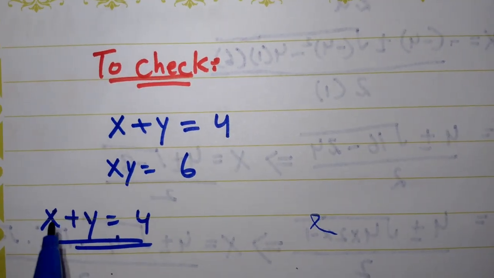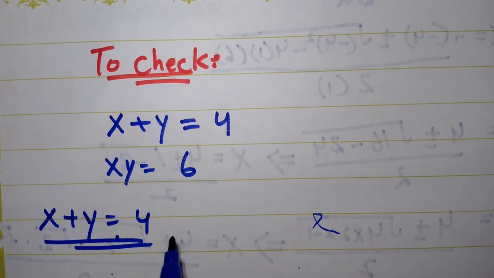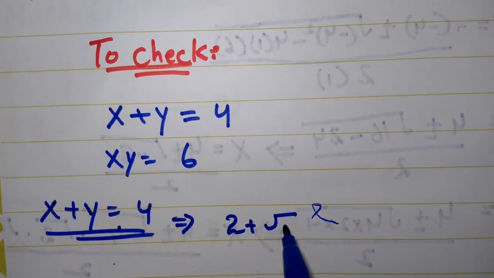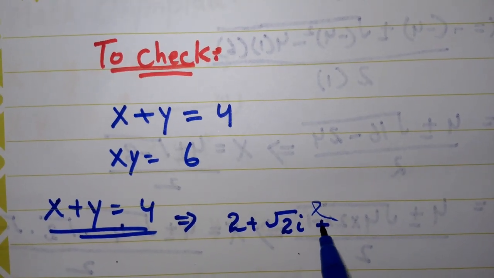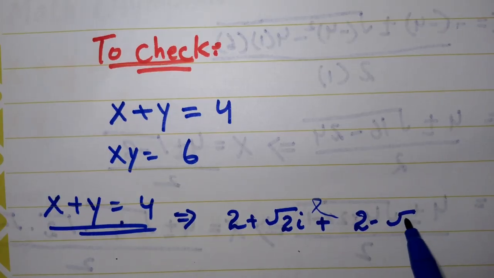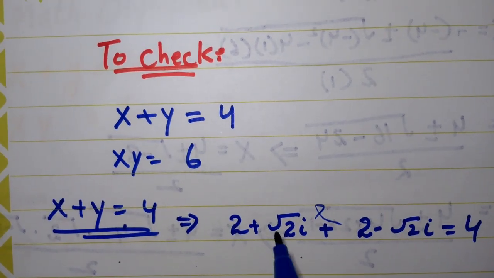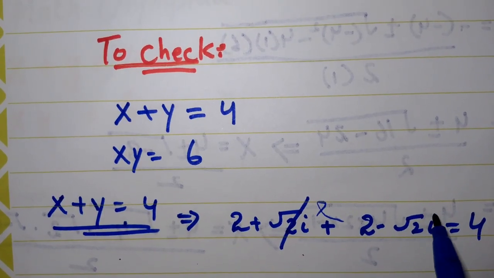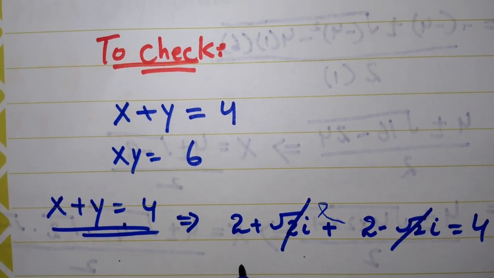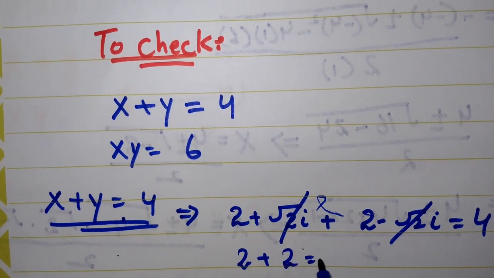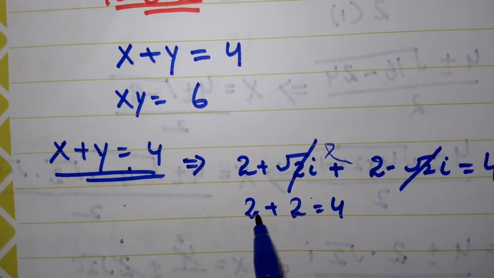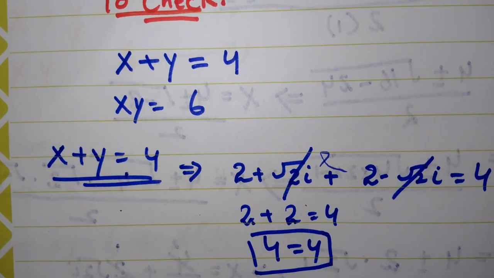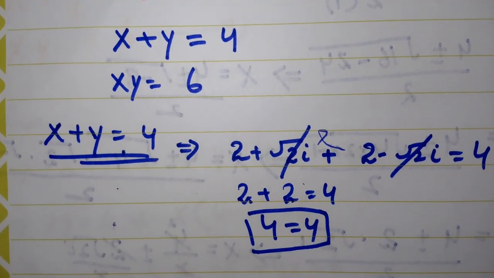Here we know that x is equal to 2 plus square root of 2i, and y is equal to 2 minus square root of 2i. Here plus square root of 2i cancels with minus square root of 2i, and here we get 2 plus 2 is equal to 4, 4 is equal to 4. So this step is verified, so our answer is correct.